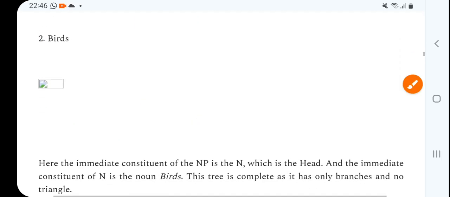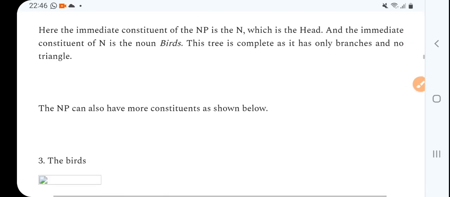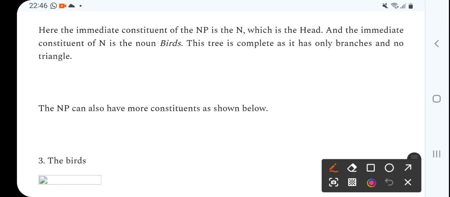Now, the immediate constituent of the NP is the N, which is the head, and the immediate constituent of N is the noun "birds". The tree is complete as it has only branches and no triangle, because that is solved.